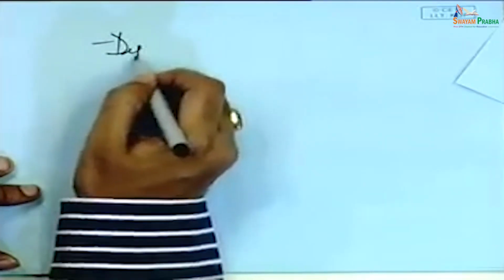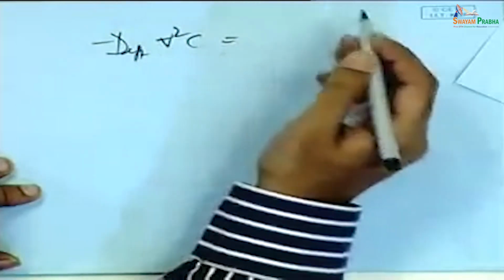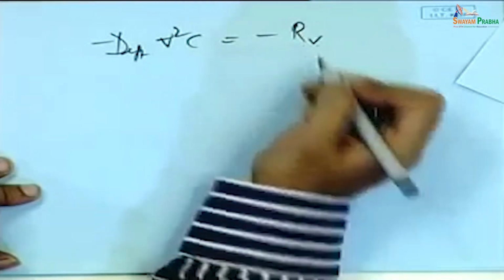So what would be my model now? Minus D effective Laplacian of C should be equal to minus R of C. So this is my diffusion.